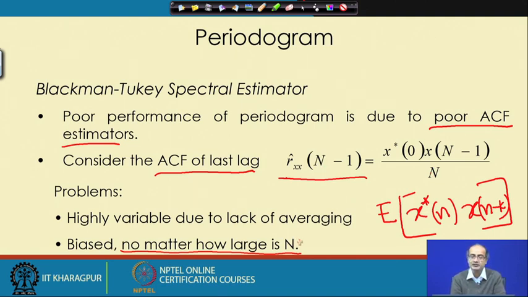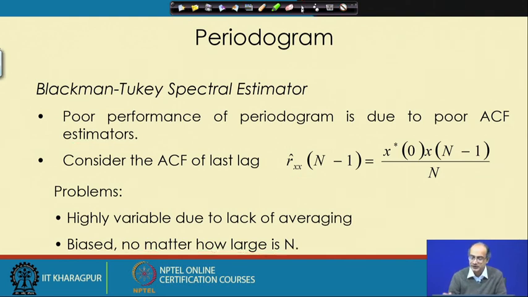Now, if n becomes 100, we will get that at the 100th lag. Qualitatively, there is no betterment for the last lag; we cannot say anything positive. The situation would remain, and in this setup we cannot do any change.